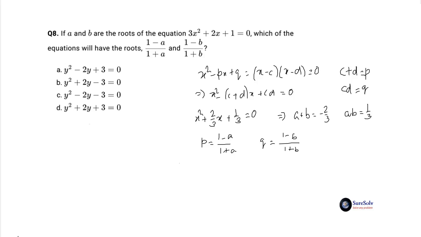So you decide not to evaluate p plus q and pq and focus on finding only the signs of the two. Both p plus q and pq will have denominator as 1 plus A multiplied by 1 plus B equal to 1 plus A plus B plus AB.